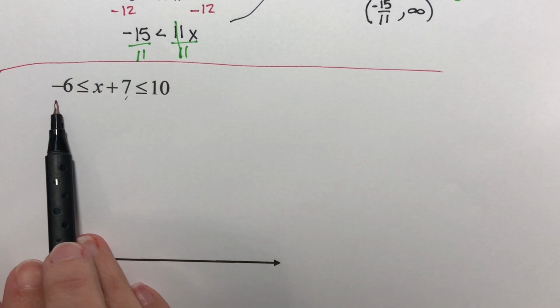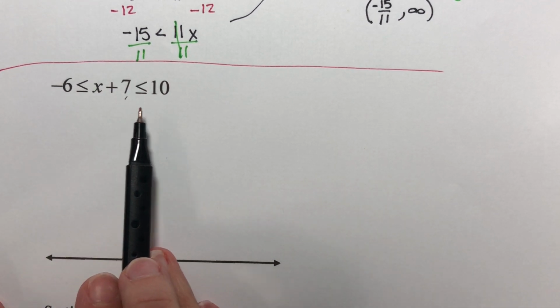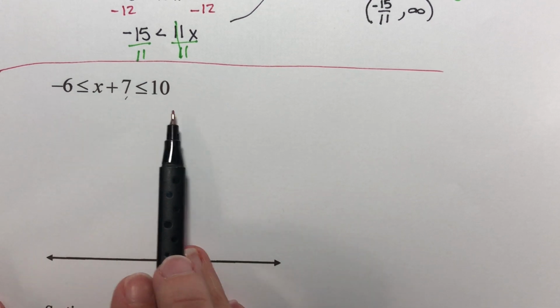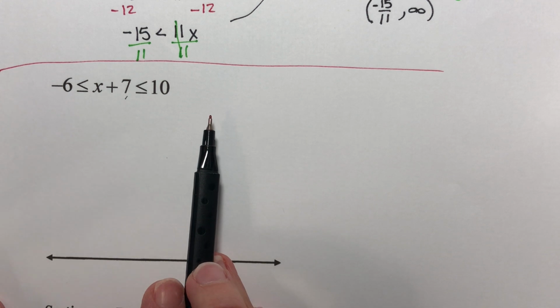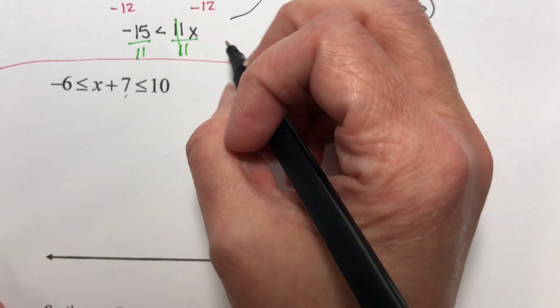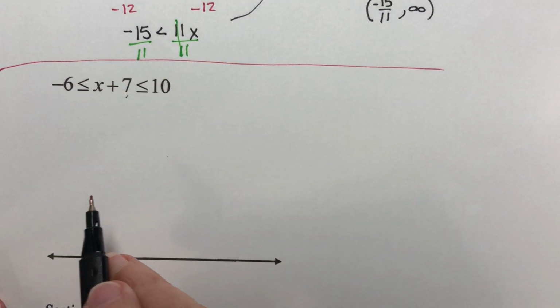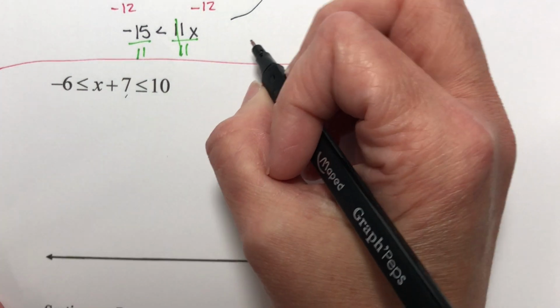Okay? This is essentially a three-sided problem. It looks a lot worse than it is. We treat it pretty much the same way. What we want to have happen, though, is we want our variable alone in the middle.